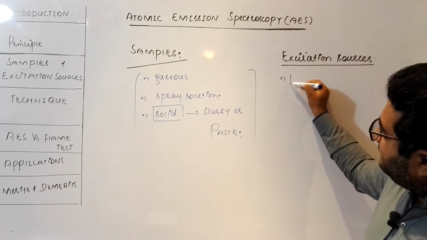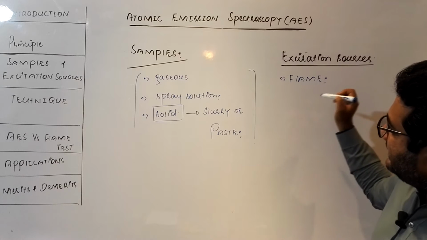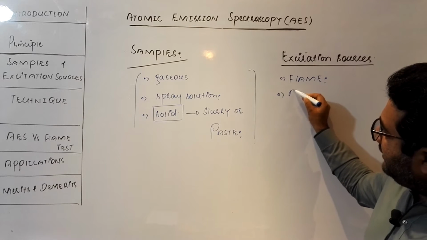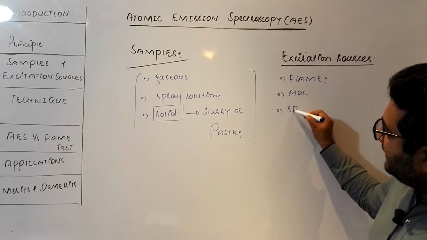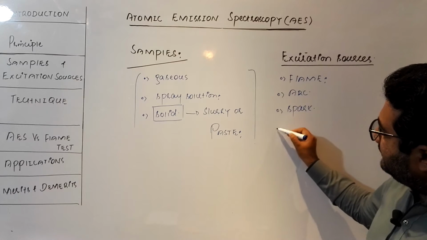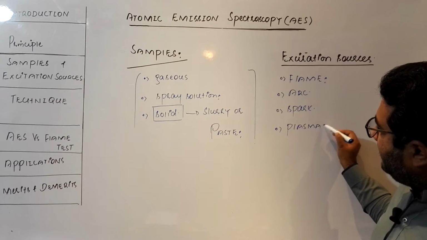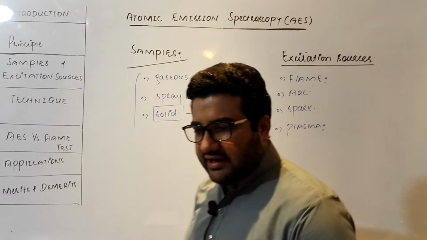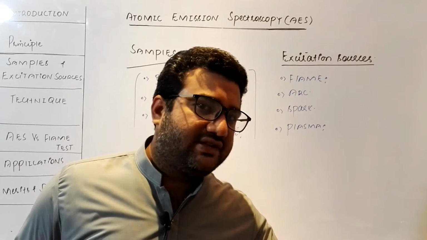So you can use a flame, as you are familiar that you use a flame in the flame test. You can use an arc or spark, or even plasma. Plasma, you know, is a very high energy state. So the energy of the plasma state can be used for the excitation of the electrons in your sample.